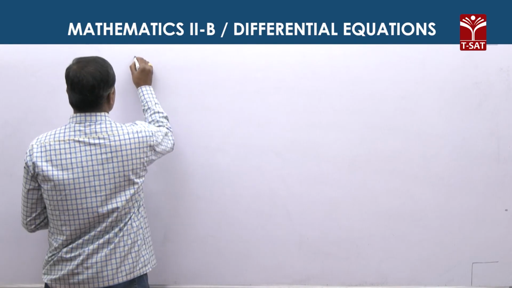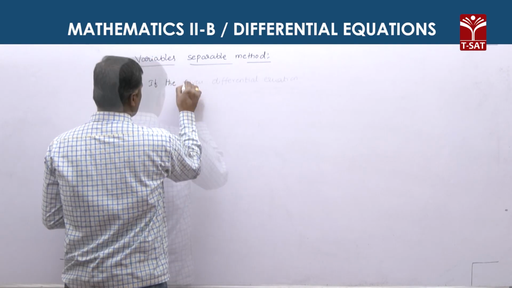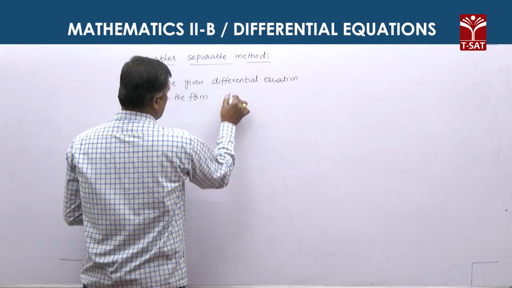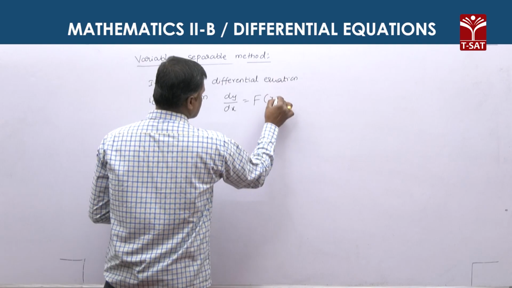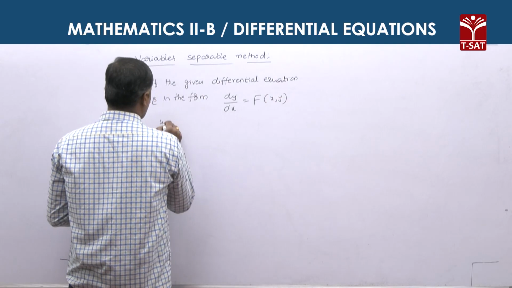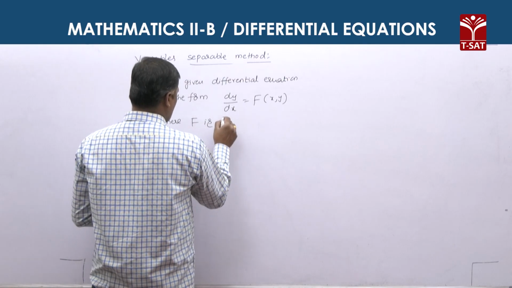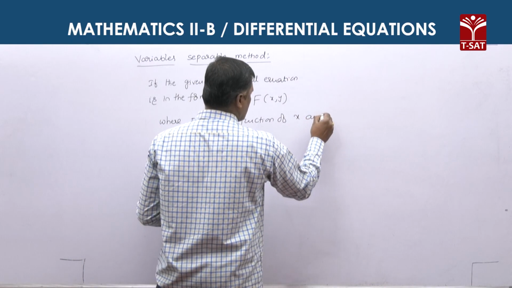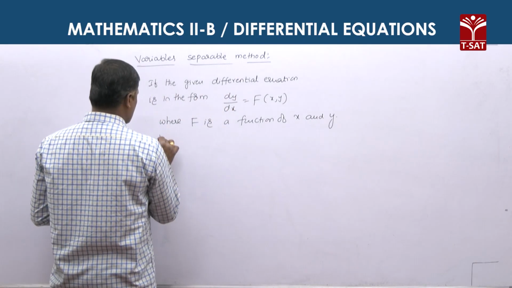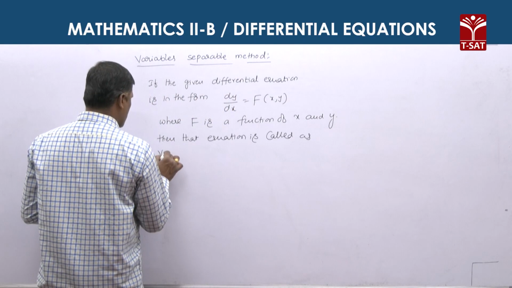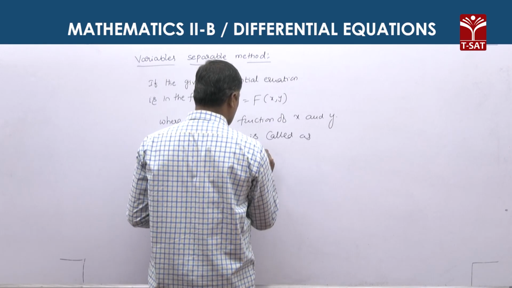Next, variables separable method. If the given differential equation is in the form dy by dx is equal to f of x comma y, where f is a function of x and y, then that equation is called a variable separable differential equation.